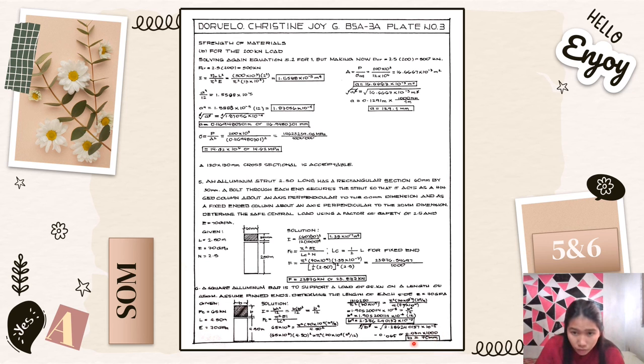So, cancel. So, the answer is 0.069, or 0.07 times 1000. So, the final answer of B is 70 millimeter.